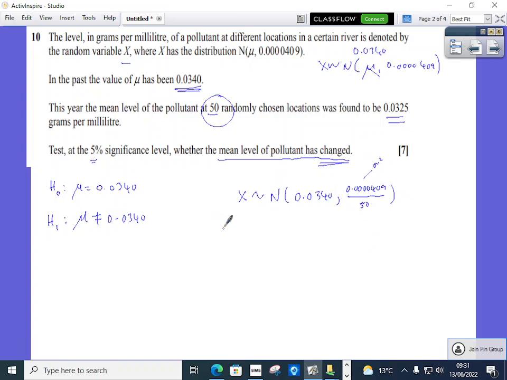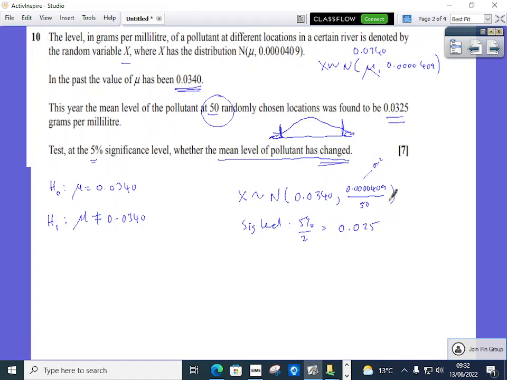Also, you've got to state the significance level. Now if you are testing between two regions, I'm just going to draw the normal distribution here. When you say it's changed, it can be less than or greater than that value. We were testing at 5%. This time we must share that 5% between these two points. So the significance level is going to be 5% divided by 2, so 0.025.